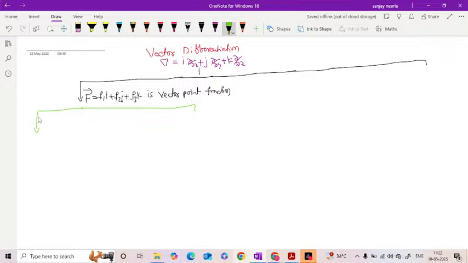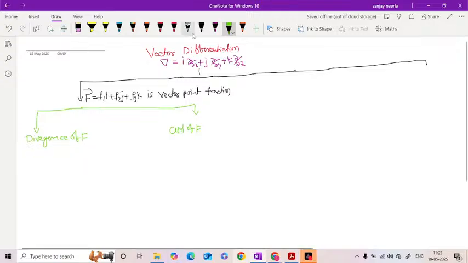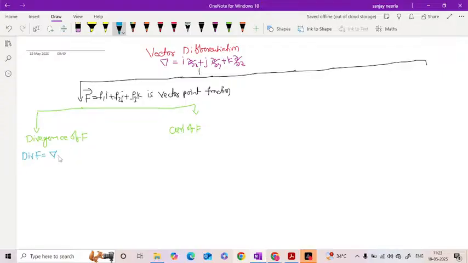Divergence of a function f, symbolically we will write. Next one is the curl of vector f. Now come to the first one, the divergence of f. We will write div f, or symbolically del dot f.